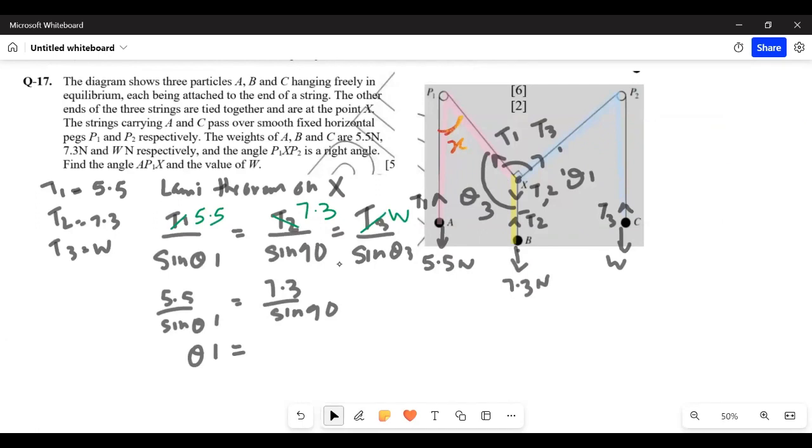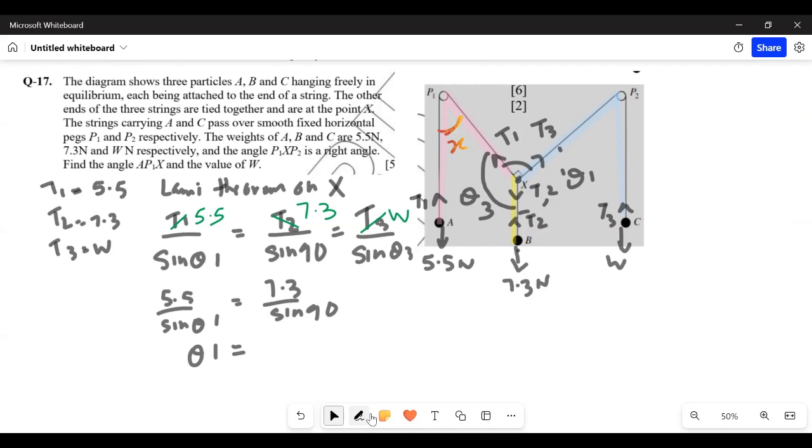θ1 comes out to be, please cross multiply then take sine inverse. क्या आता है θ1? क्या वैल्यू आती है इस एंगल की?